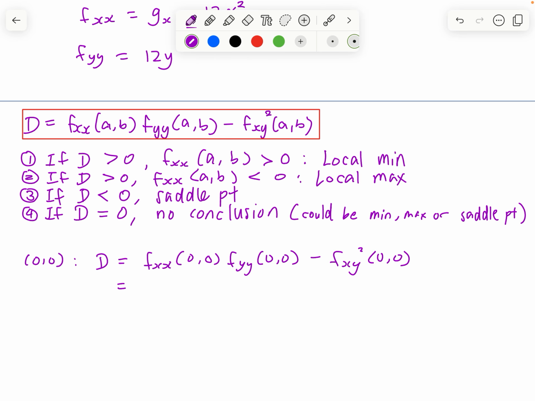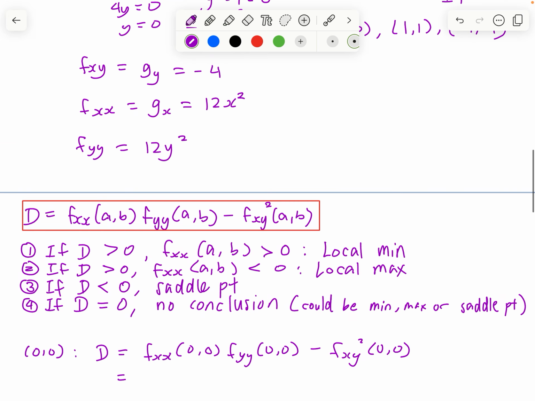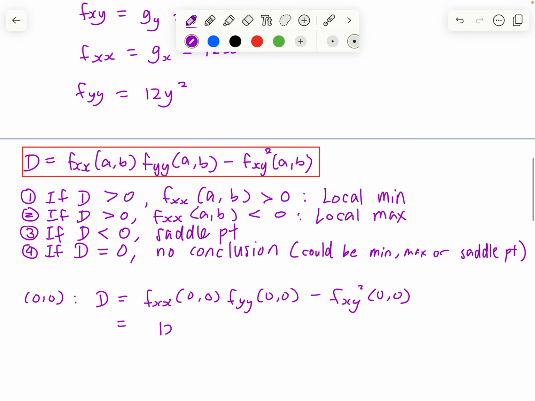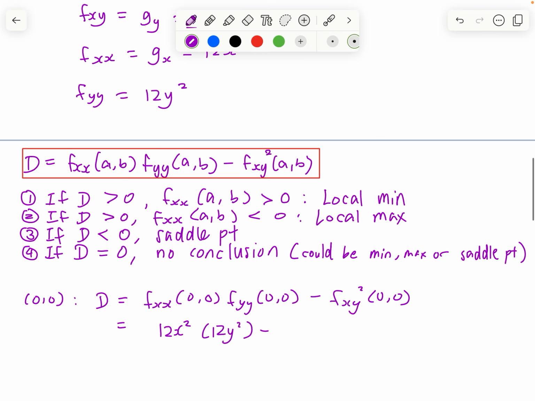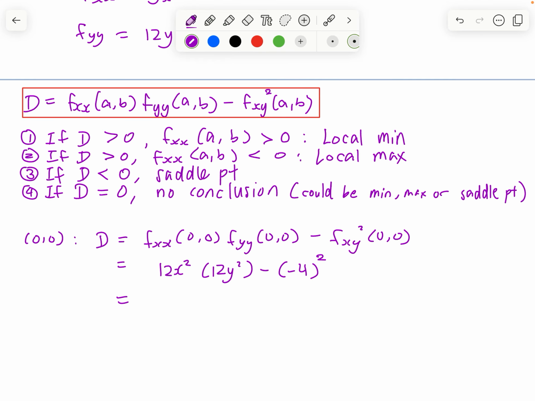We have fxx at 0, 0, and we know fxx is 12x squared. This is without plugging in the points, just to make it easier to understand. And then minus fxy squared, which is -4, so -4 squared. Now at 0, 0, x is going to be 0, y is going to be 0, so it's just 0 times 0 minus 4 times 4, which is 16, so we have minus 16.